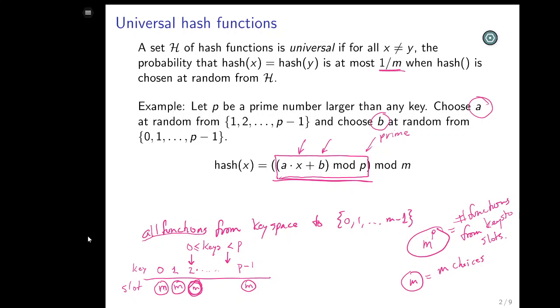One last question on this slide before we leave it. What is the number of hash functions in this family of hash functions? What is the number of possible hash functions that I could generate in this way? In other words, how big is my family of hash functions?